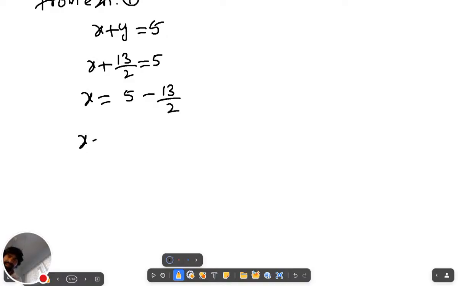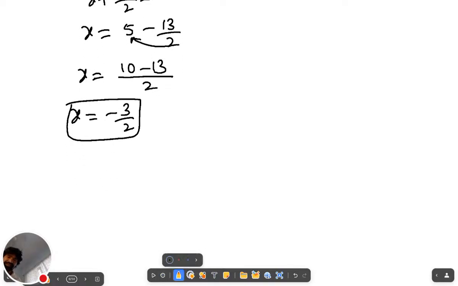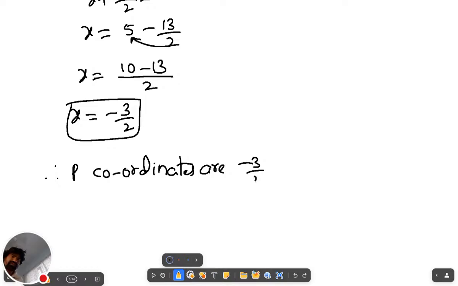Just multiply 5 with 2, so 10 minus 13 by 2. So x is equal to minus 3 by 2. So the P coordinates are minus 3 by 2 comma 13 by 2.